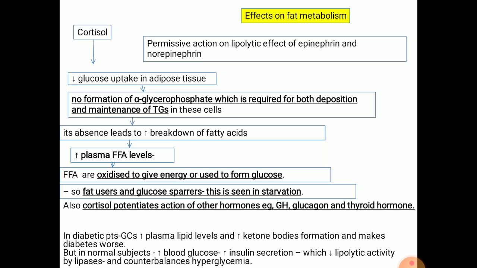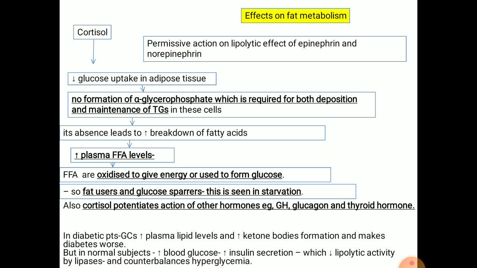So here, because of the lack of formation of alpha glycerophosphate, this deposition and maintenance of the triglyceride is not possible, and that leads to increased breakdown of the fatty acid, and that leads to increased plasma free fatty acid level, and those free fatty acids are oxidized to give energy or used to form glucose in the form of neoglucogenesis.